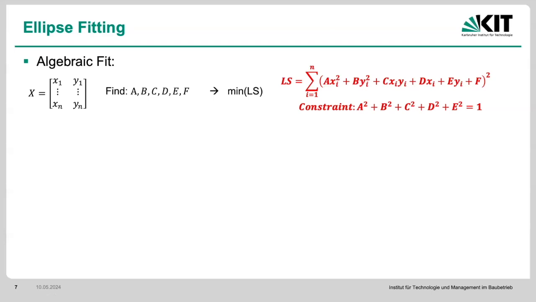What if we change this xi² to zi? What about yi² to wi? Xiyi to, for instance, vi. And then xi and yi stay the same, right? So you now have 5 dimensions in your data.